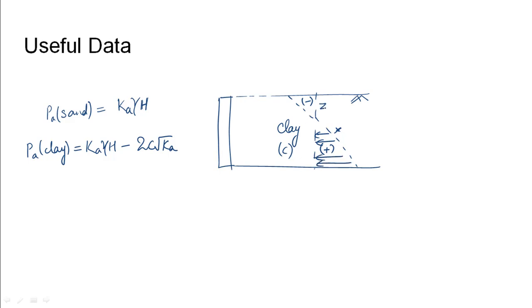This depth is called the depth of tension crack, which can also be called as Zt. It can be found by equating Pa to 0. So if we equate Pa to 0, we would get Zt as 2c by gamma root over Ka.